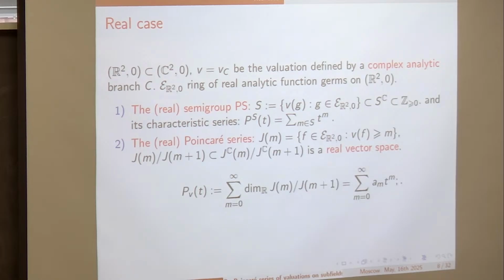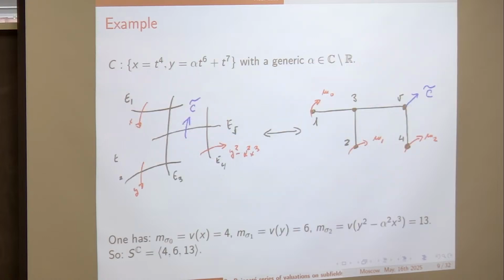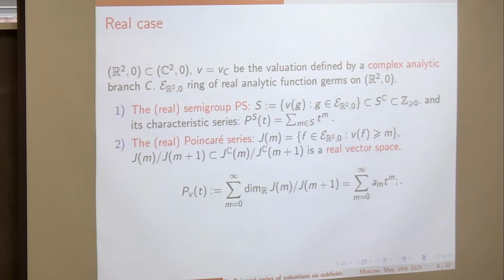So the main thing that we want to do is compute the series. For this, it's usually very important to compute first the semigroup series, because it's the support of the other. That means the monomials are the same, but here you have coefficients.